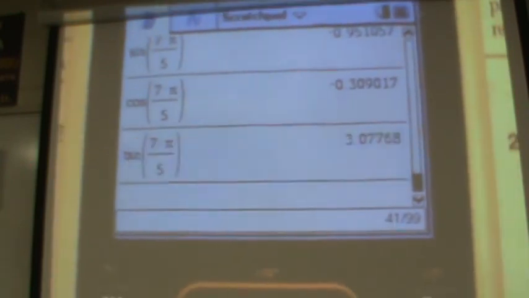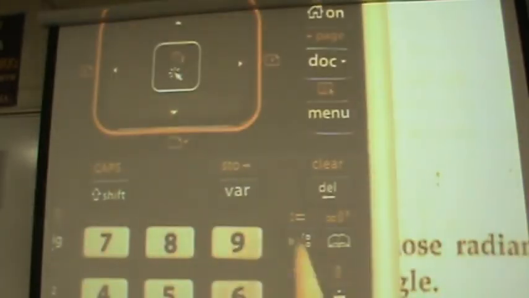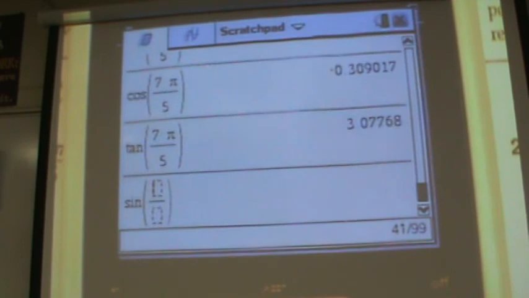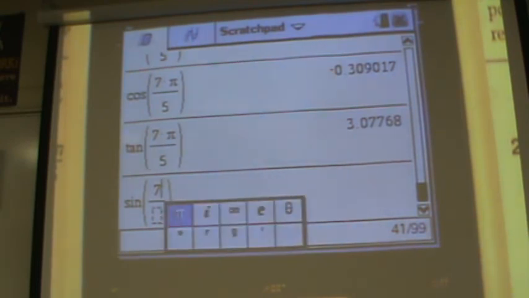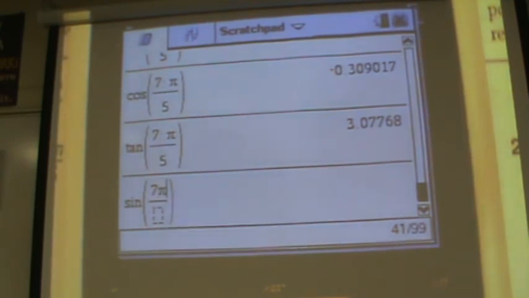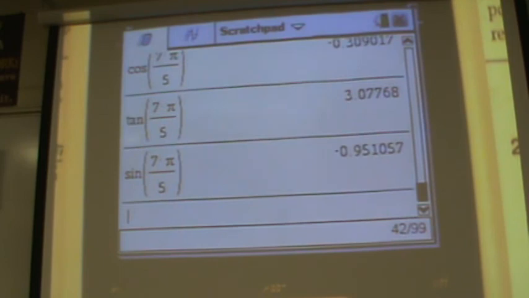So do sine. Now, I like that fraction button, which is right here. Click on that, get your fraction, and you're going to type in 7 pi. You guys know how to get pi? It's at the very bottom left under EE. Pi. And then over 5. And then arrow out and hit enter, and there's your answer.